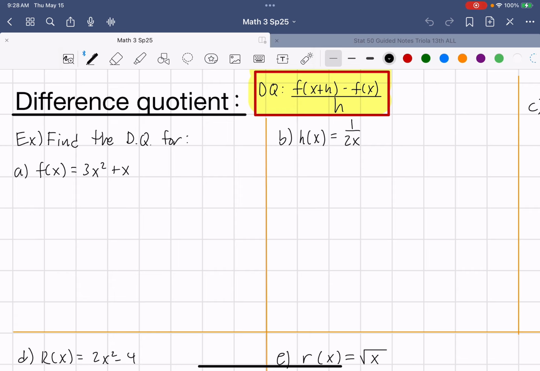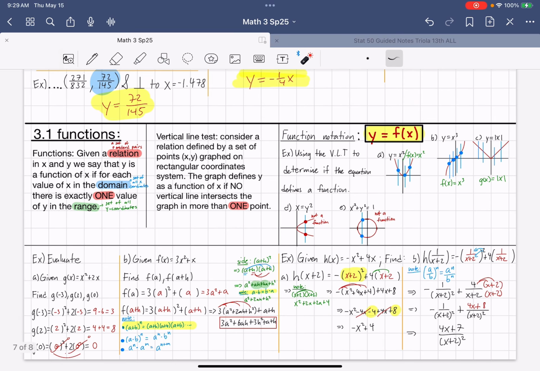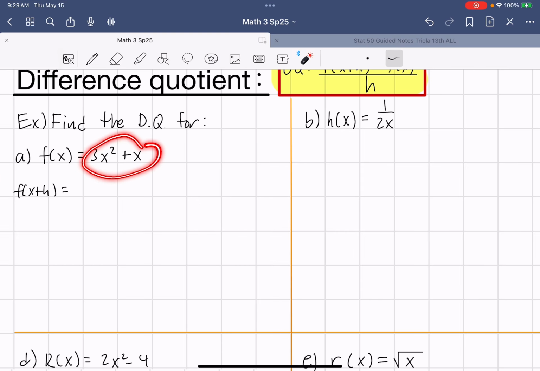So this is going to be your f of x plus h. And since I'm going to plug in something large, I'm going to make room to plug it in. And I don't know if you notice, but this is very similar. So we're looking at 3x squared plus x.